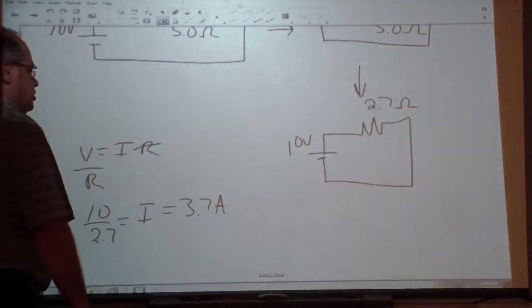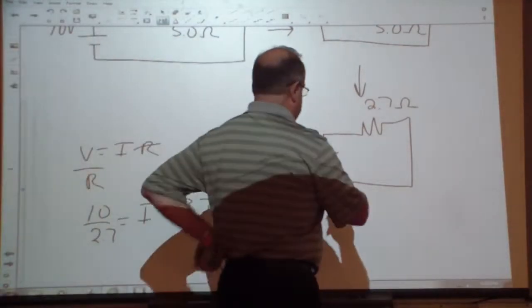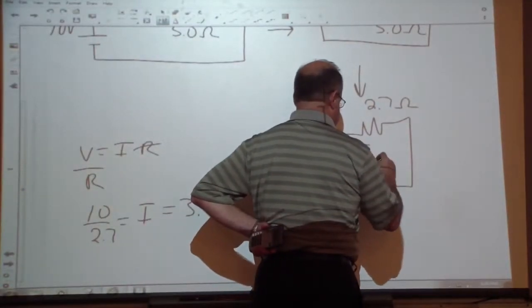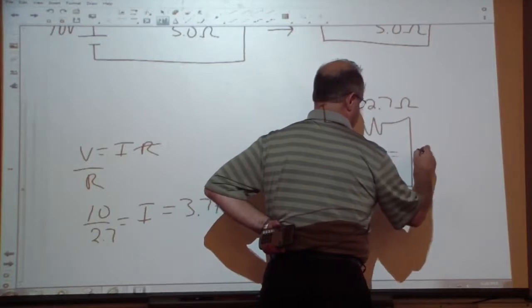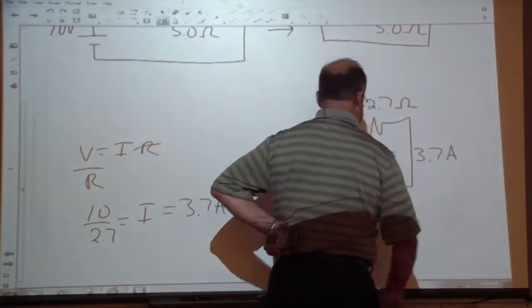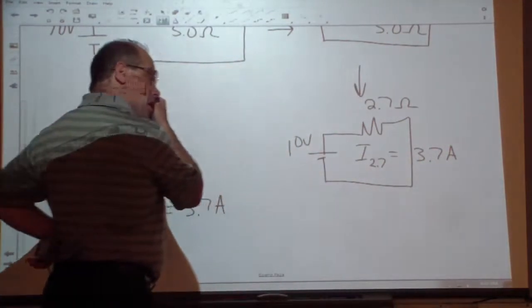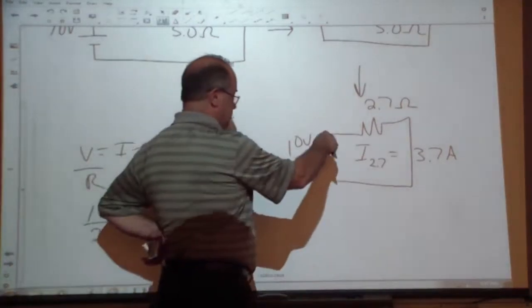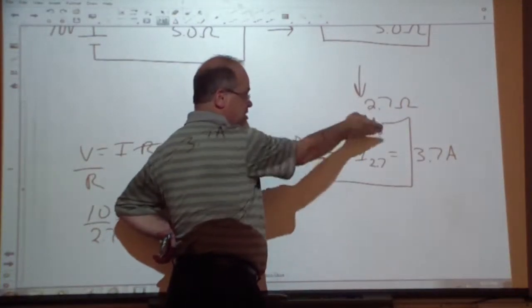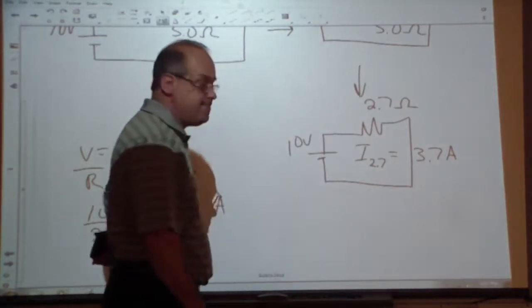There you go, and that's your total current. So that's the current through this thing right here. So I'm going to say I for the 2.7 equals 3.7 amps, okay? And your voltage drop in that thing is 10 because voltage in, voltage out, right? 10 must be out because it's the only R in the circuit now.